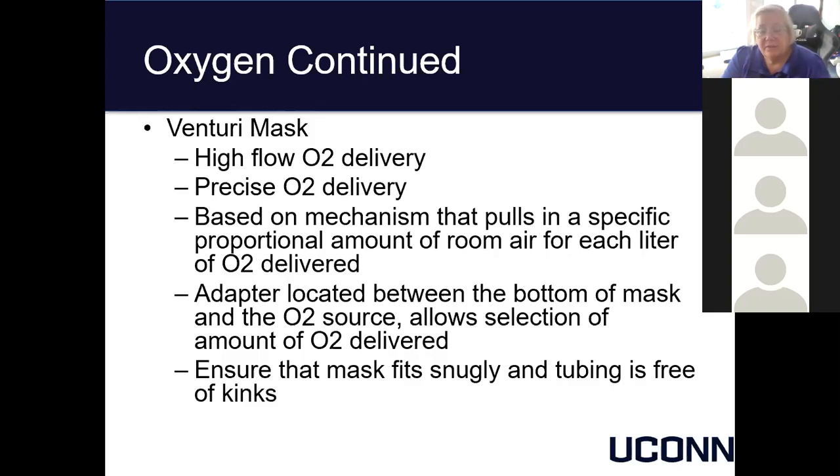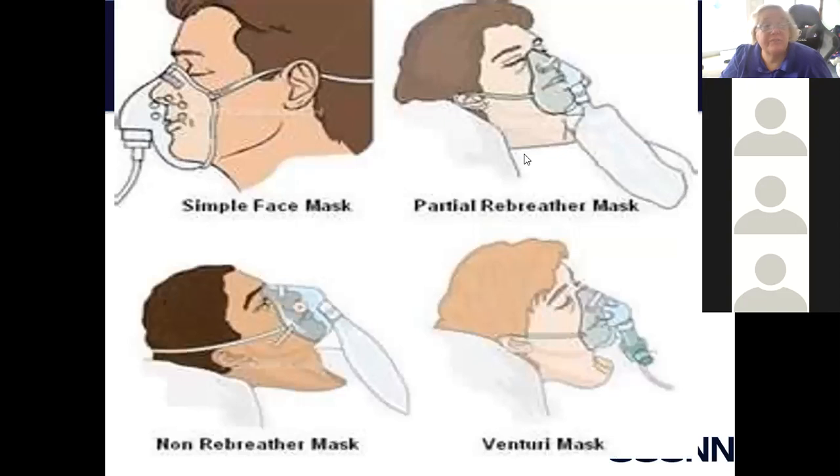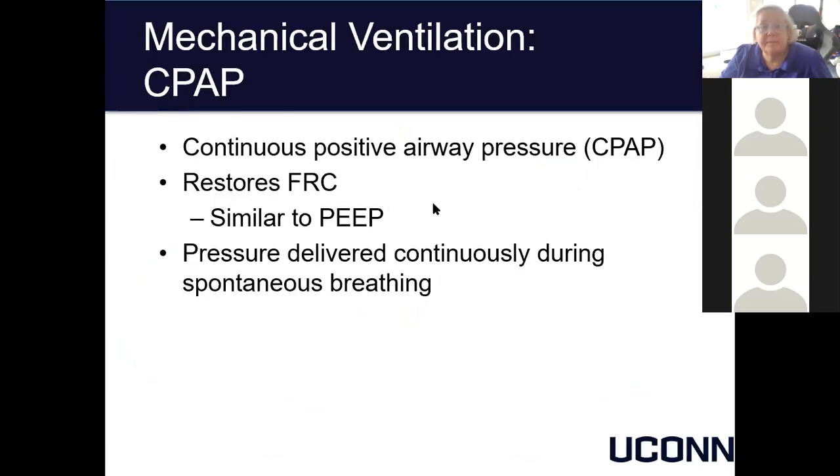And one of your jobs is to not lose those valves. So we usually keep them in the plastic bag and attach them to the O2 flow device so that we have them to change if necessary. And again, there are some simple pictures of the different masks.